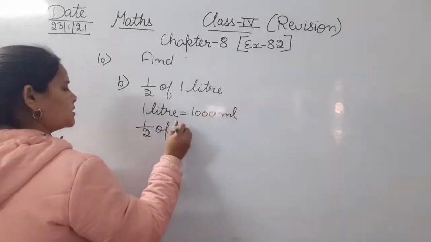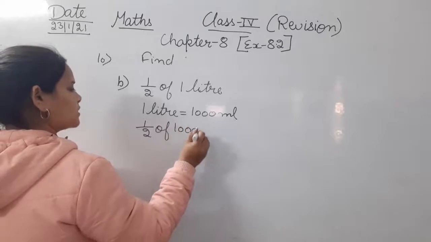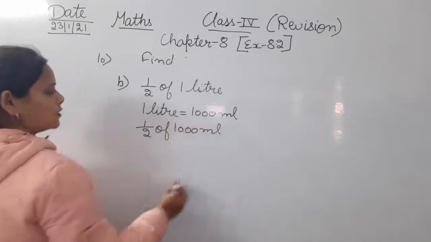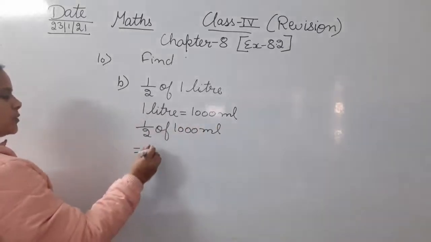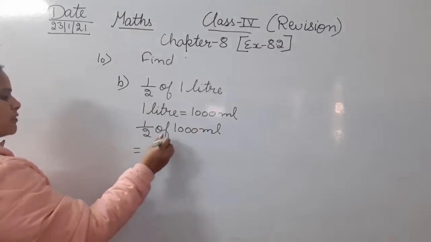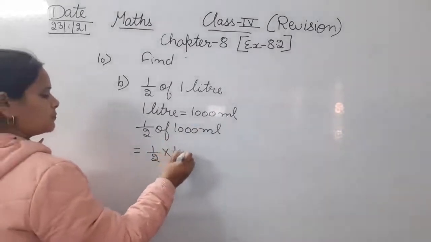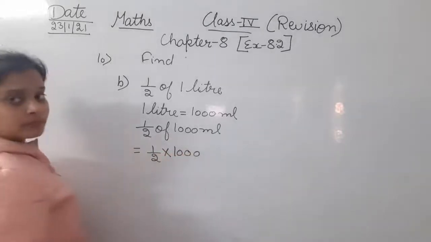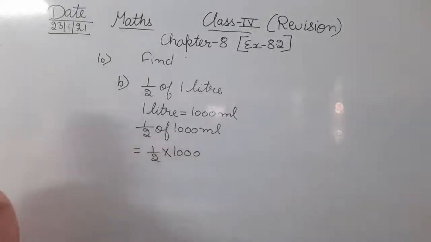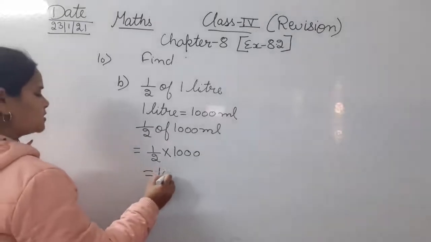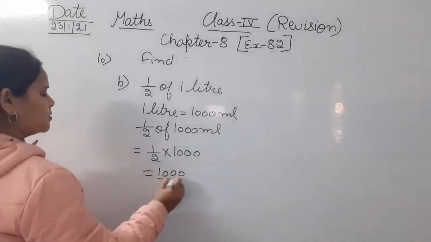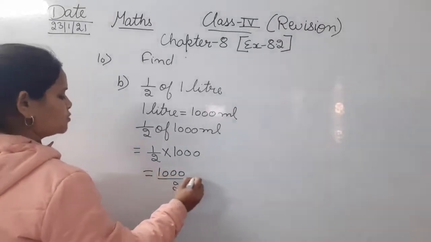We will find 1/2 of 1000 ml. So 'of' will change into the sign of multiplication. 1000 will remain the same. So let's multiply 1000 with 1, we will get 1000. The denominator will be the same, that is 2.